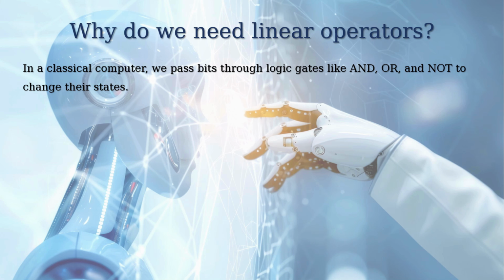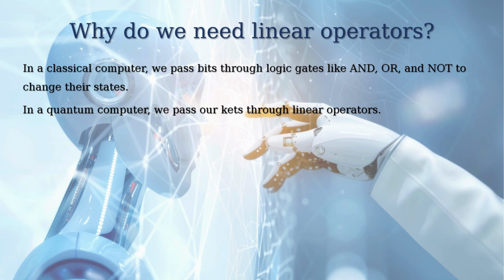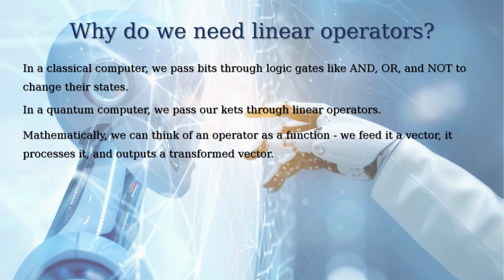In a classical computer, we pass bits through logic gates like AND, OR, NOT to change their states. In a quantum computer, we pass our ket vectors through linear operators. Mathematically, we can think of an operator as a function. We feed it a vector, it processes it, and outputs a transformed vector.